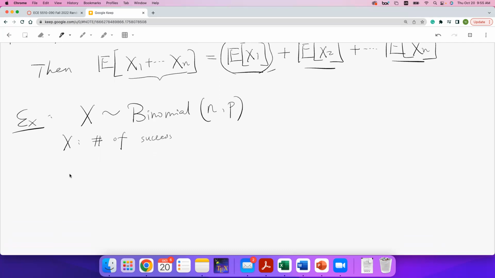Now I can do the following. There are n trials. I can list them here. For each trial, I can assign an indicator.